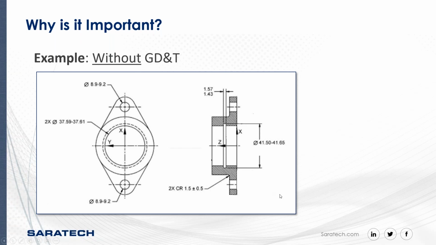Of course, this isn't fully defined, but it is a good basis point. So let me go ahead and share my camera and go through an example of how this part will be inspected. I've actually 3D printed this part so I can go through a live demo.